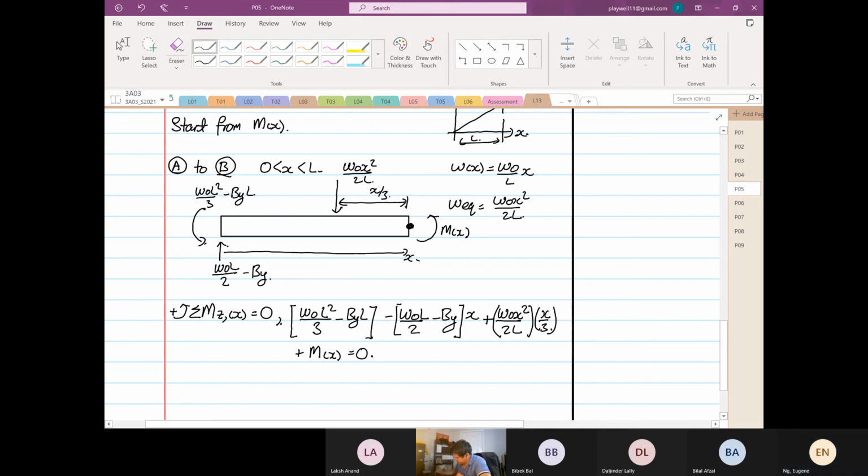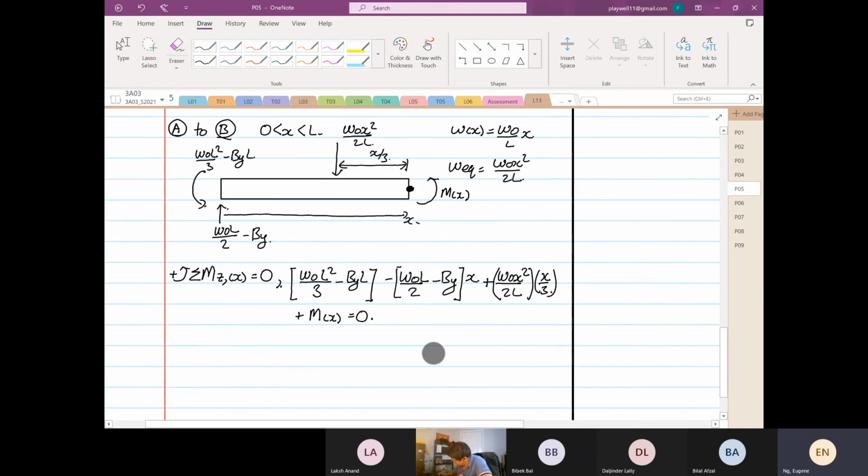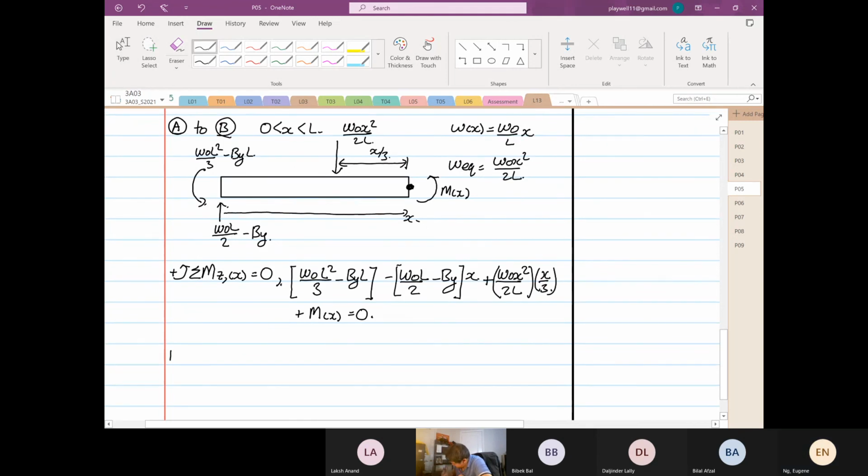So now we are going to take out everything. M as a function of X is equal to omega naught X cubed over 6L. Positive you bring over will be negative.